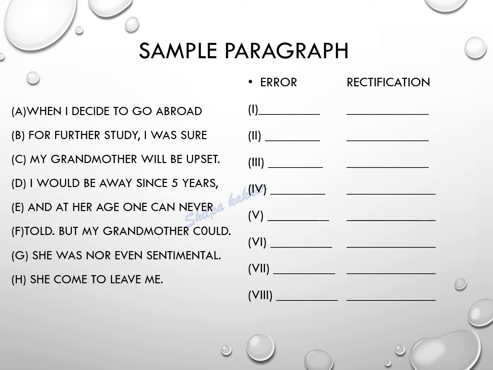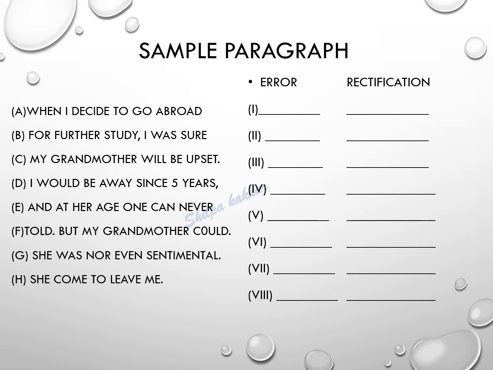Here, before starting the rectification, first go through the entire paragraph with the errors, as it will help you to find out the tense of the sentence. So, let us read the paragraph and we'll know the tense of the sentence. And after reading that, when we are sure about the tense, then automatically we will find out the mistakes also in the paragraph.